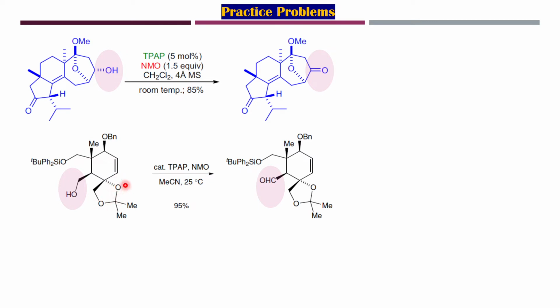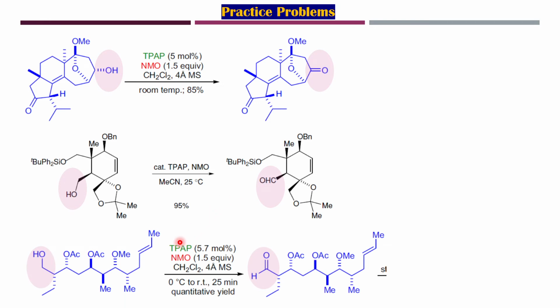Here, the ketal is not affected, but the OH group is getting converted to CHO. Again, as in the example, the ene is not affected. Any type of ester, such as OAc, or an ether such as OMe, is not affected here, but the primary alcohol is getting converted to the aldehyde group.